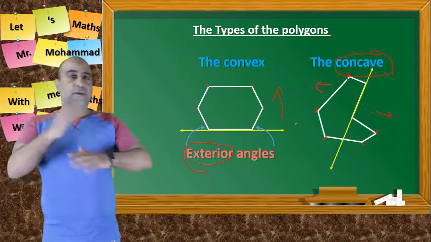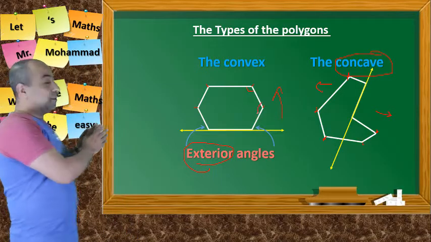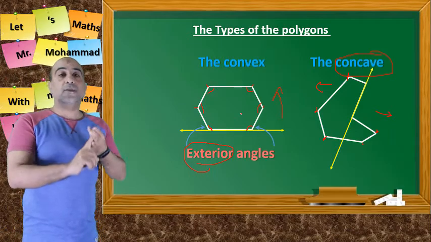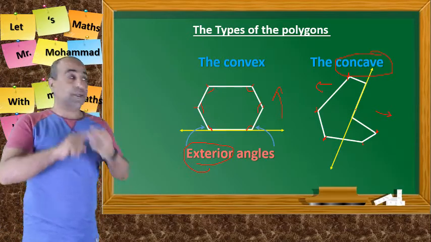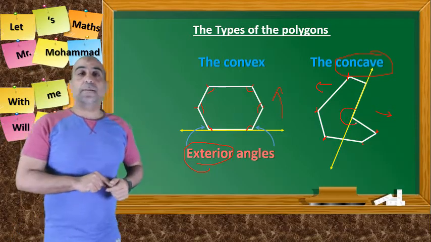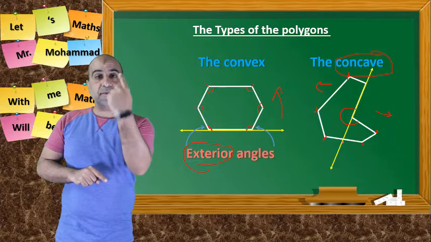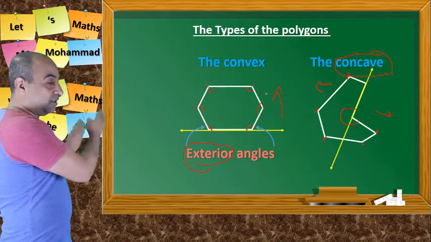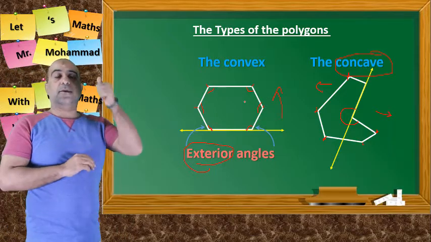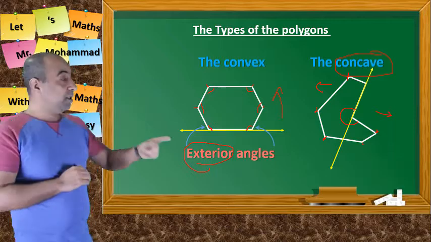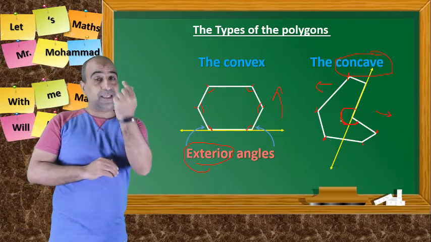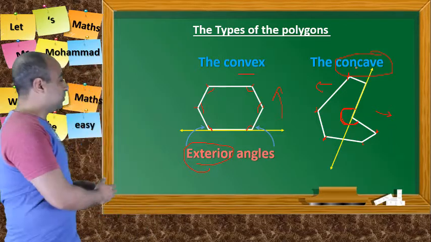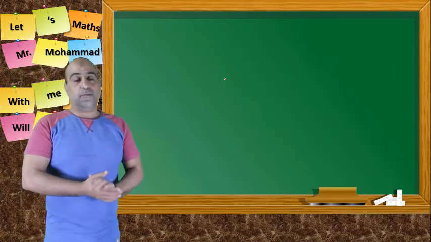We can say it another way: in a convex polygon, all the angles are acute, right, or obtuse, but the concave polygon must have at least 1 reflex angle. And that's the difference between the convex polygon and the concave polygon.